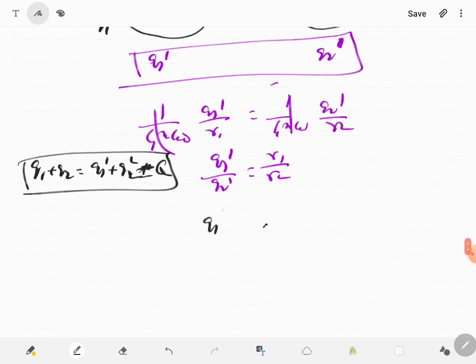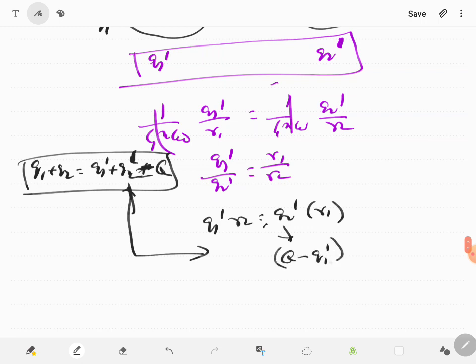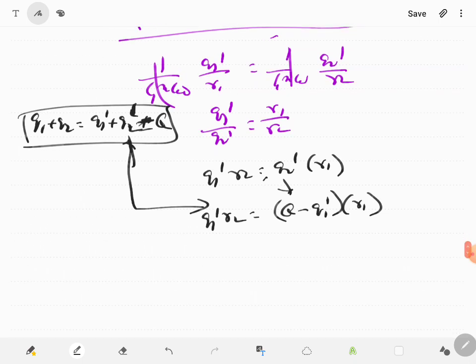Then cross multiply: q1 dash into r2 is equal to q2 dash into r1, and instead of q2 dash you can substitute capital Q minus q1 dash. So (capital Q minus q1 dash) into r1 is equal to q1 dash into r2. Okay, now you can multiply it in.